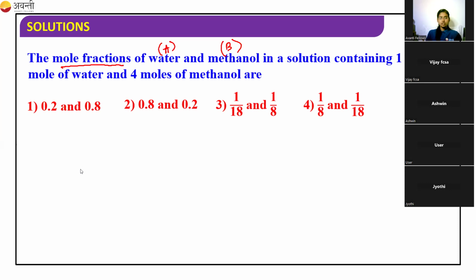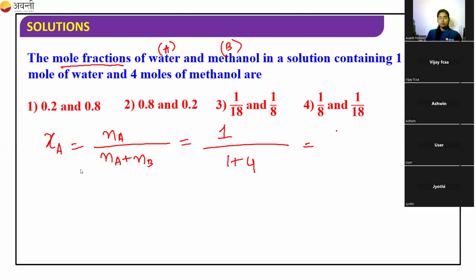The mole fraction of A is equal to the number of moles of A divided by the number of moles of A plus the number of moles of B. The number of moles of A is 1, so 1 mole of water divided by 1 plus 4 moles. So it will be 1 by 5, which is equal to 0.2.